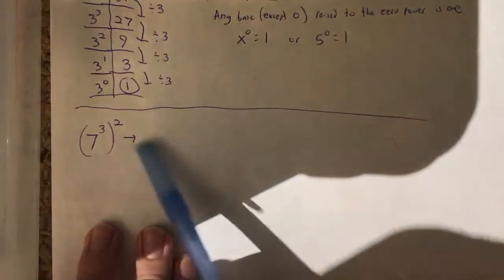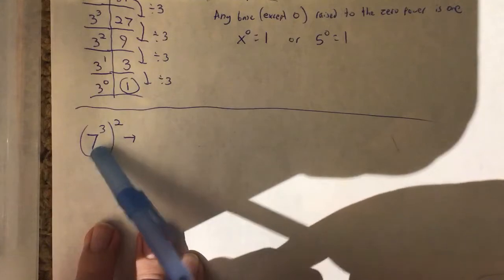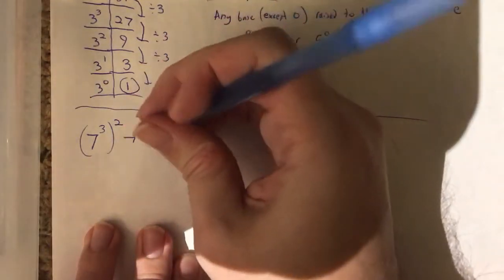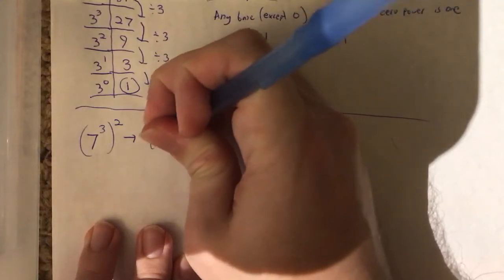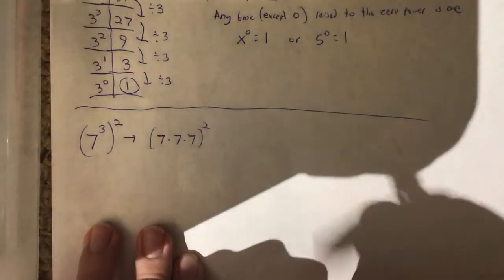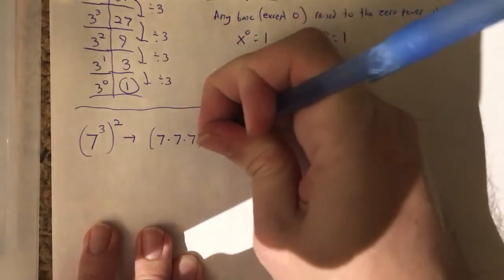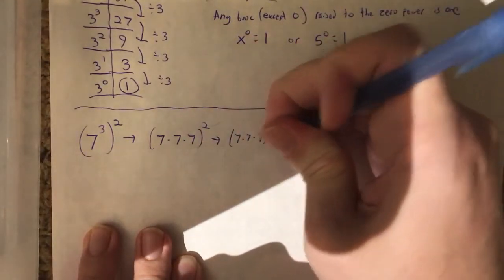Remember, when I raise something to an exponent, I'm just taking the base and multiplying it by itself that many times. Think of it like this: 7 cubed is really 7 times 7 times 7, and then I'm squaring it, so I'm just multiplying this by itself. So really, this is 7 times 7 times 7 multiplied by itself.